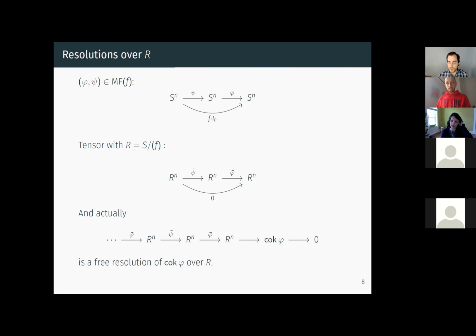And so, if you take any module and you go far enough back in a free resolution, eventually those modules are MCM, because depth goes up as you go back in a free resolution. Then you could find a matrix factorization that gives you one of those syzygies and finish the resolution in a periodic way afterwards.